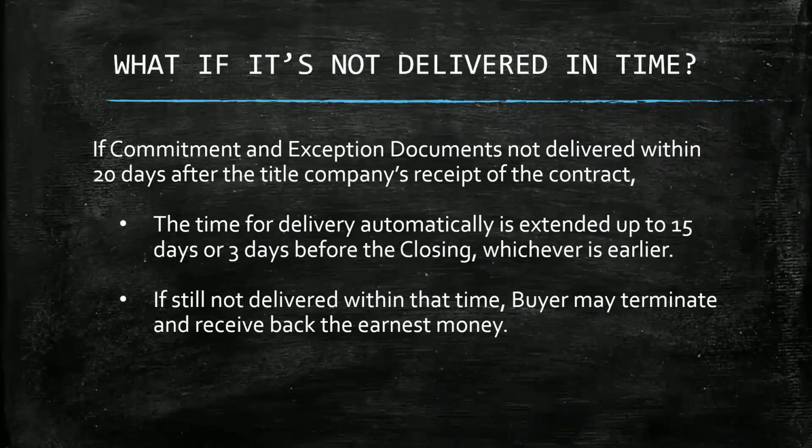Whichever one of those happens sooner is the extended deadline for delivery of the commitment and the exception documents. If at the end of that extended time, the title company still has not delivered both the commitment and all of the exception documents, then the buyer has the right to terminate and get back the earnest money.